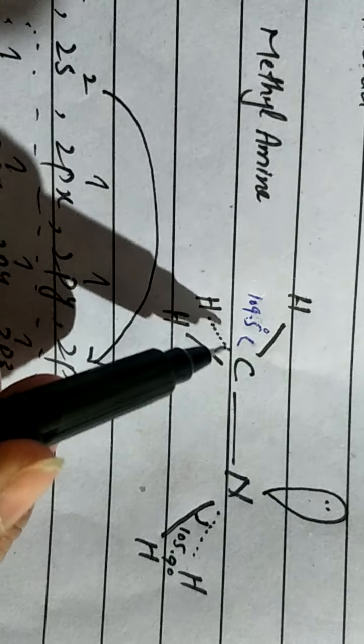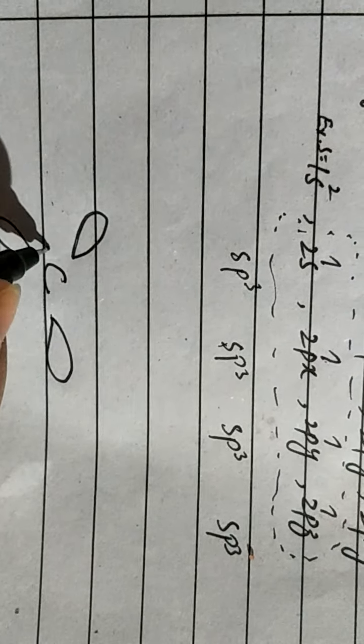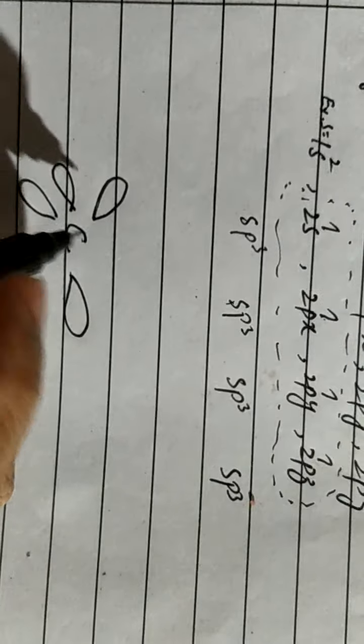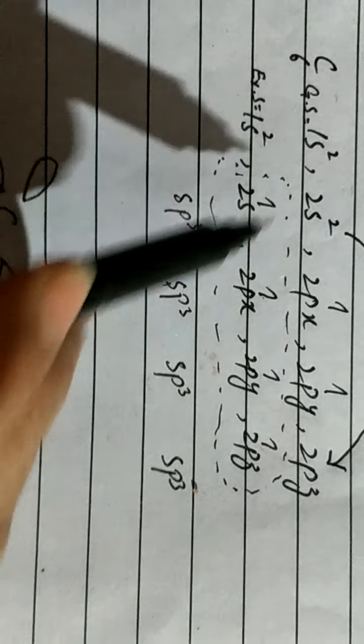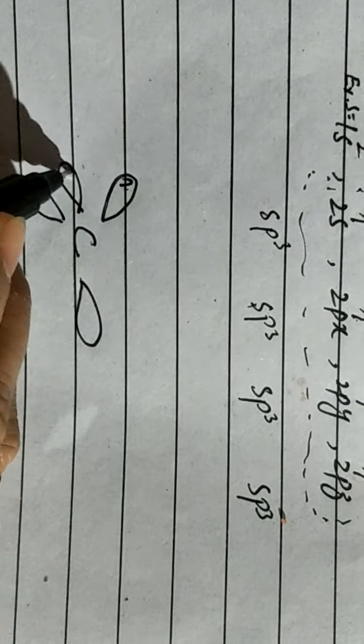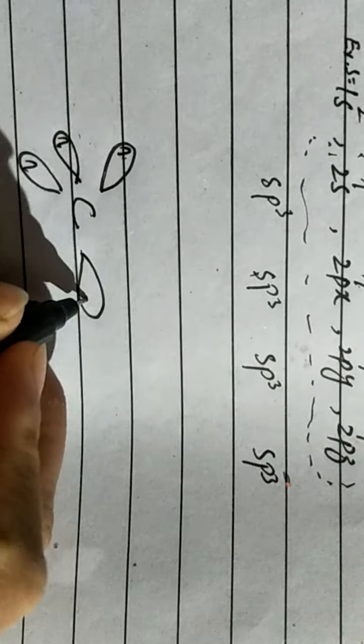This backside orbital arrangement or bond is shown with a dotted line. In carbon, each hybrid orbital contains one electron: one, one, one, and this one also one electron.